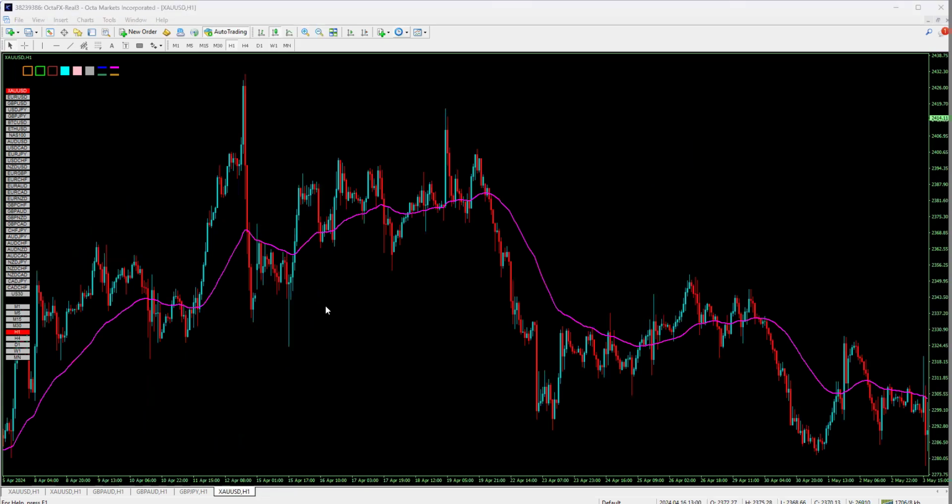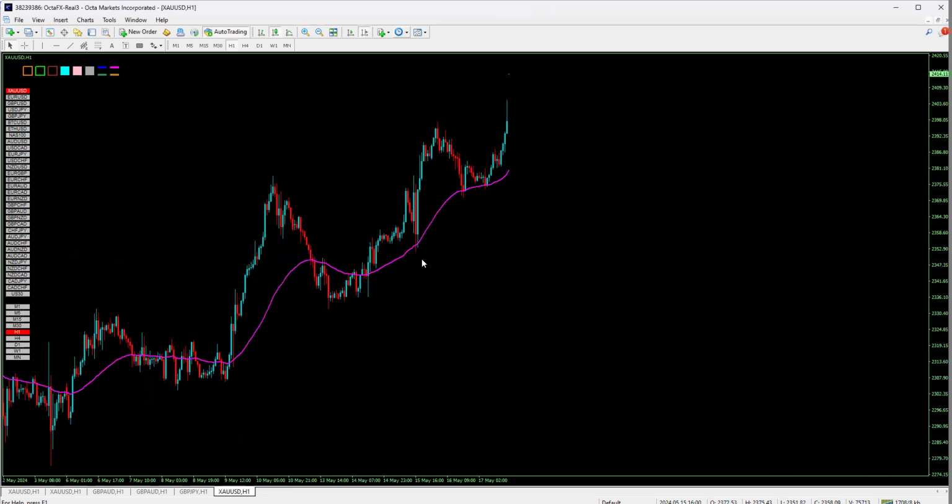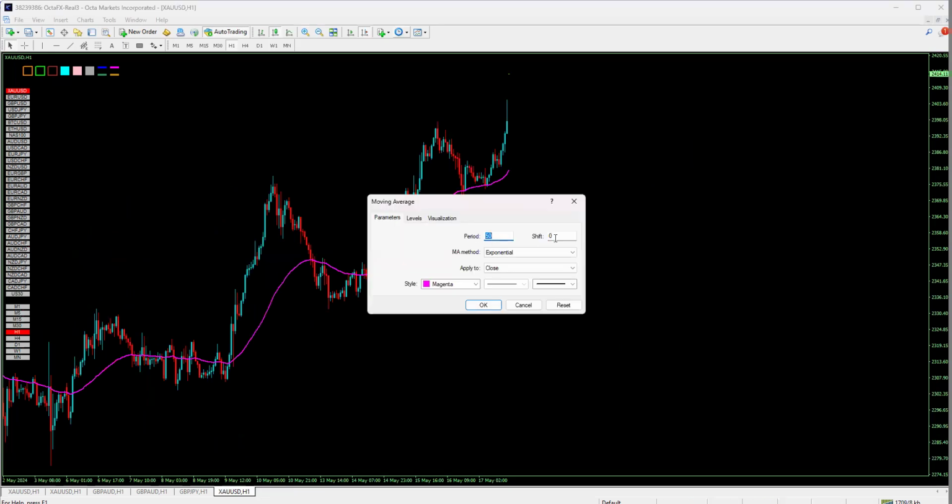Points for EMA. What do you mean by points for EMA? Settings. So settings for EMA, you just go to moving average, then the period is 50, shift is 0, and it's supposed to be exponential, apply to close, then you can choose a color of your own.